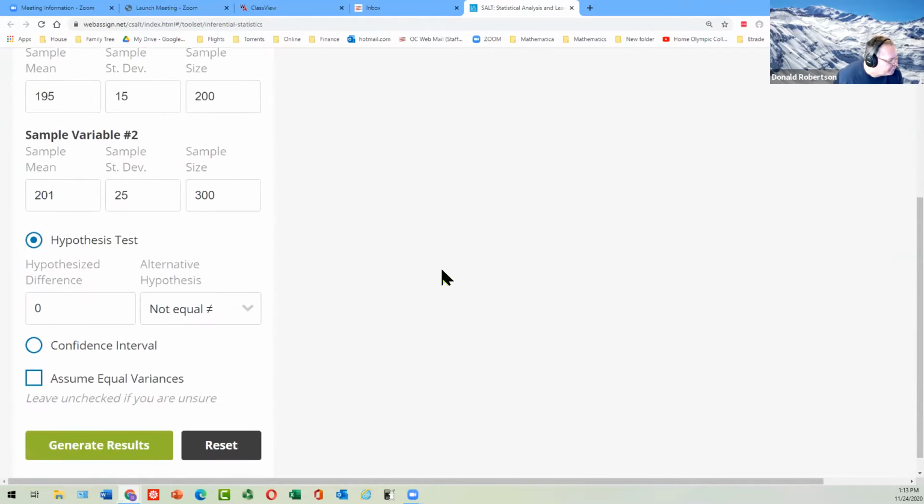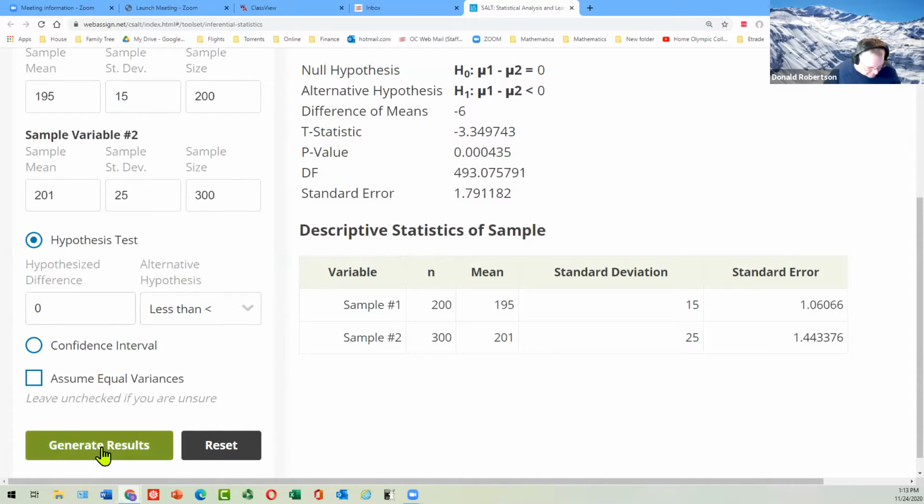And the hypothesis that we were testing was that it was less than 0. Remember, I wrote that down a few moments ago. Less than 0. And that's how you set it up, right? 0, less than. And then you hit generate results. And what you can see here is all the stuff you need to know. This fella here, for instance, is your t-score.